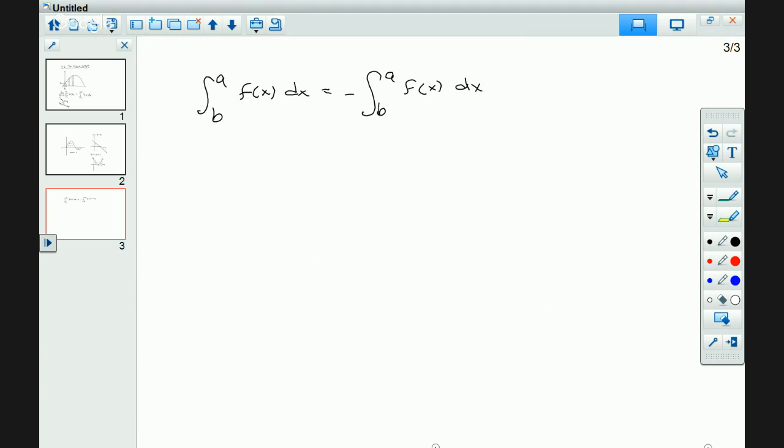If you switch the integral limits, then you have to make it negative. Positive equals a negative, of course.